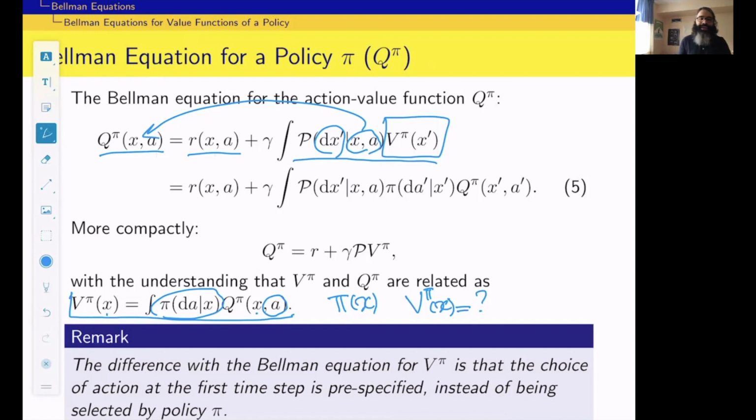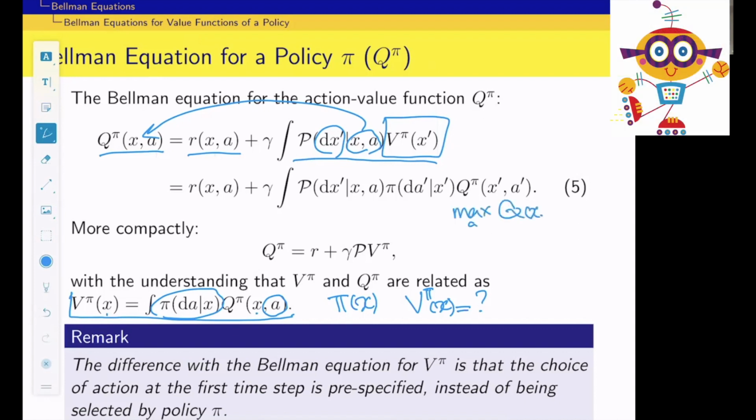So one is that we have max over actions of q. One suggestion was maybe I just write max over q of.